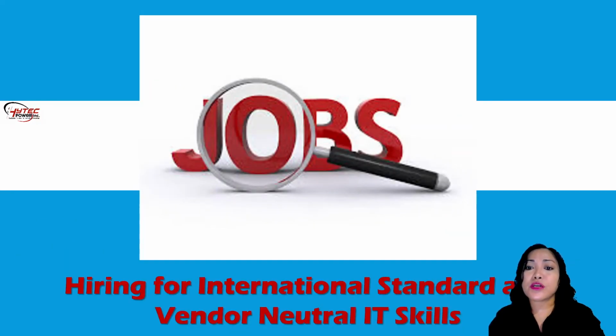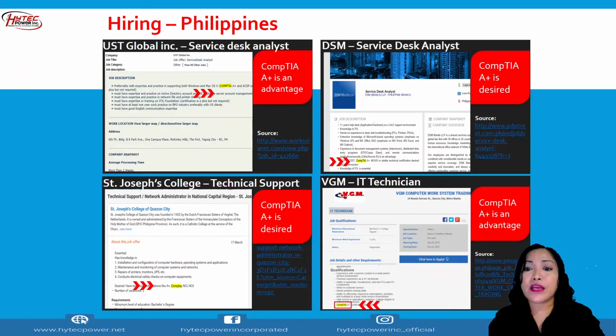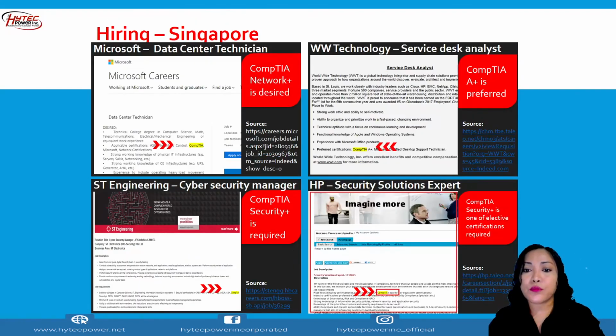Here is just a list of hiring in international standards and vendor-neutral IT certification based on Job Street International. Hiring in the Philippines, CompTIA A+ is desired and an advantage. Hiring in Singapore, CompTIA A+, Network+, Security+ is required and preferred.